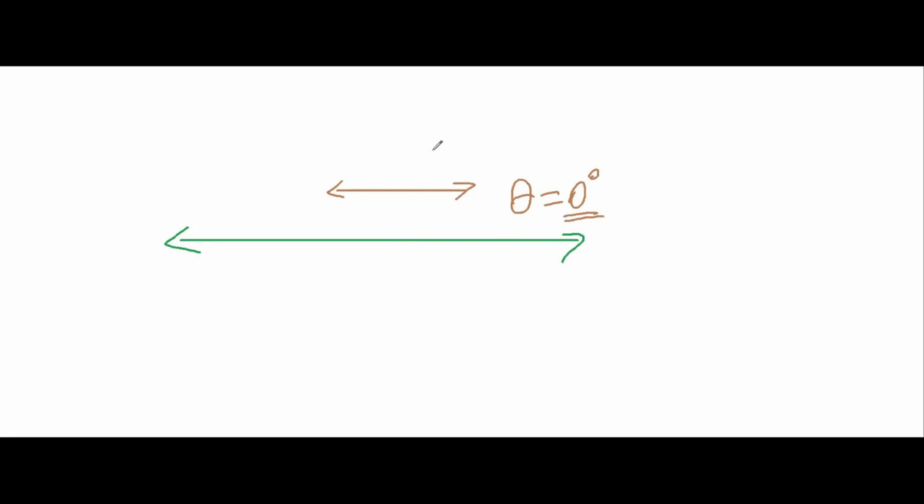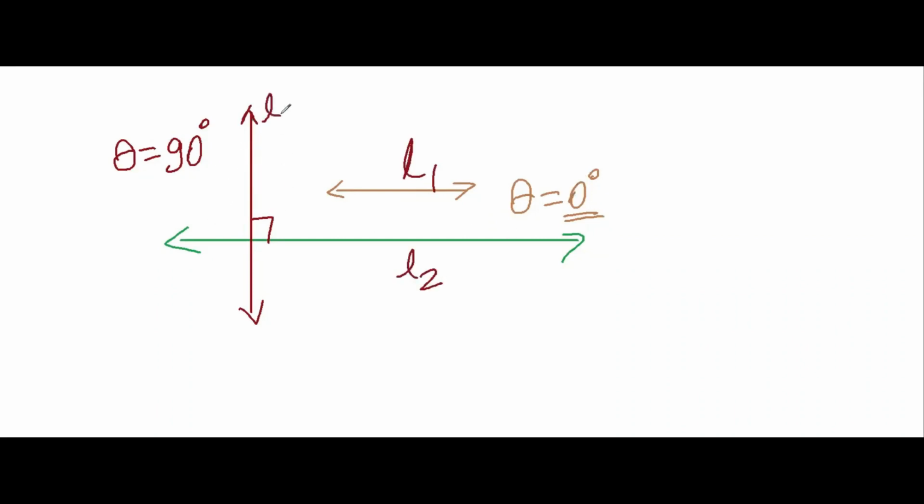Now if I draw this line, then there is an angle of 90 degree, so theta in this case is 90 degree. So the inclination between L1 and L2 is 0, and the inclination between L2 and L3 is 90 degree. This is clear to you?